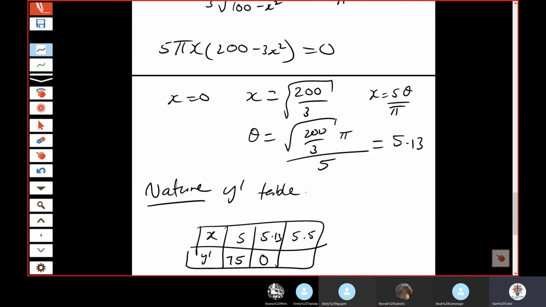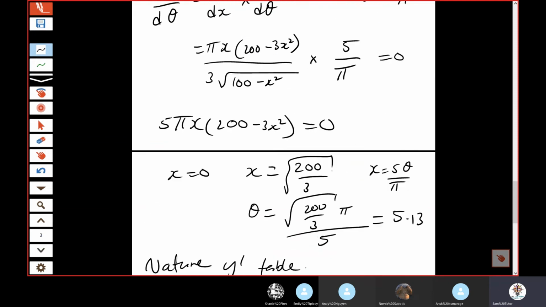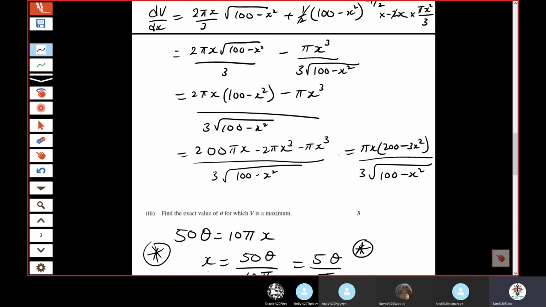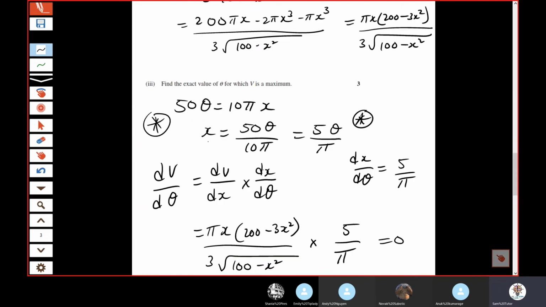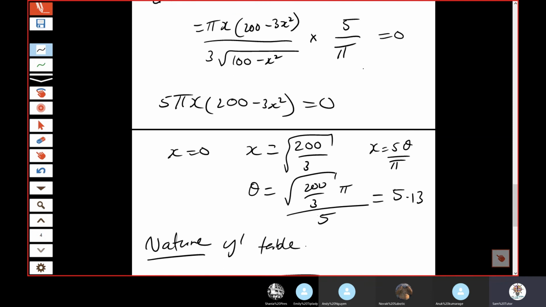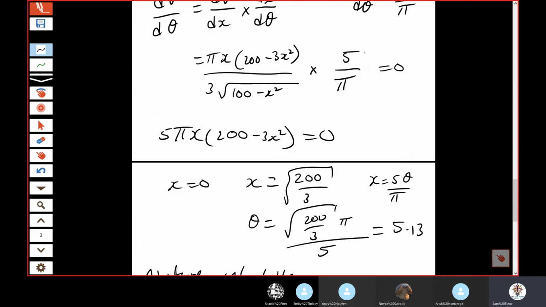Root 200 on 3 times pi divided by 5. Yeah, that's right. Something is weird. What has happened? Maybe when I got rid of my 0 here, so we'll go back to this. Times by 5, yep, that's fine. 200 minus 3x squared. And then minus 200, then you divide, you get 200 on 3, square root it. That looks right to me as well.